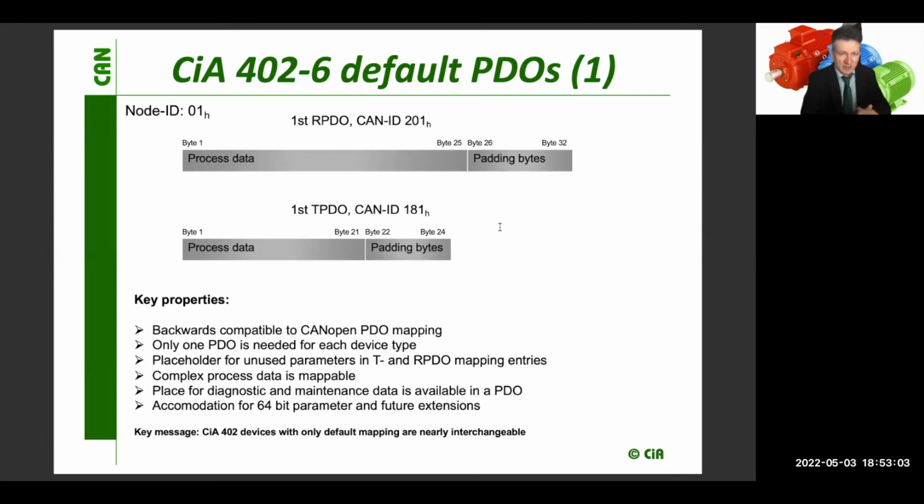In contrast to classic CANopen, in maximum it could take up to 21 bytes of data, although in classic CANopen we have only up to 8 bytes of data.